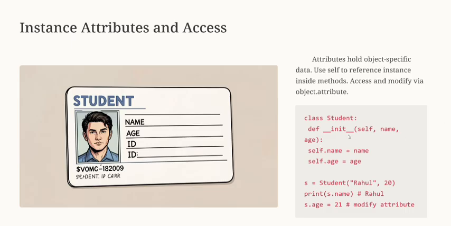The self keyword: the keyword self represents the current object. It allows us to access object data inside methods. For example, self.name means the name belonging to this particular object. After creating an object, s = Student("Rahul", 20), we can access s.name, and the output will be Rahul.